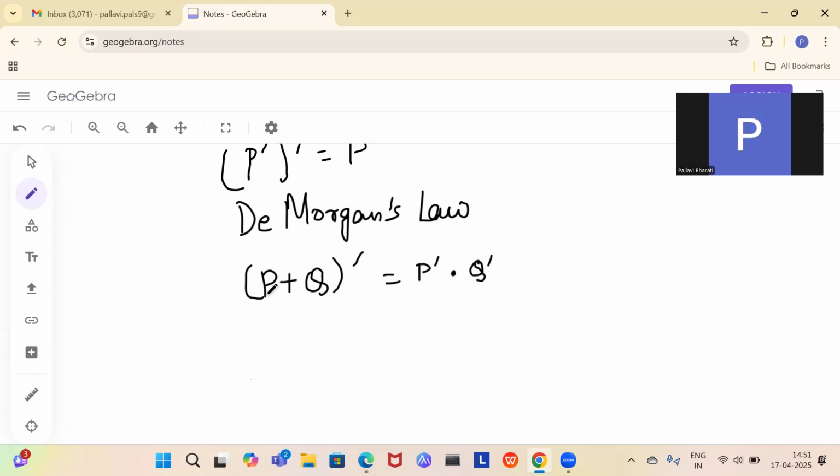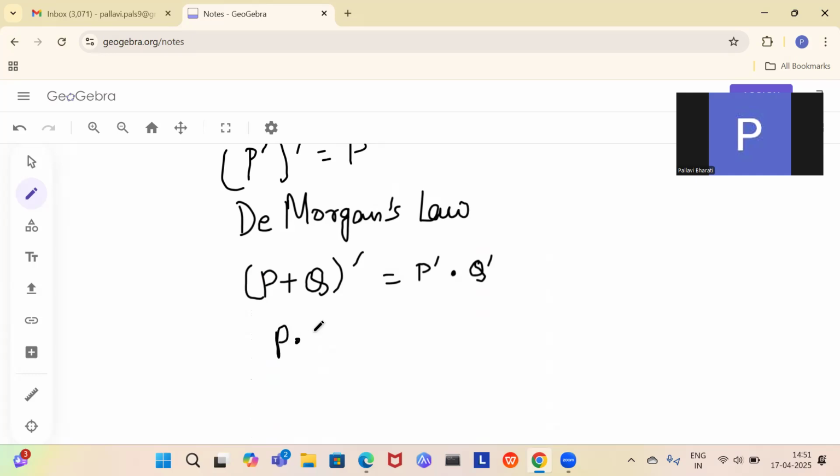So see, if I take this as an outer operator, the inner P is not in complement form, Q is also not in complement form, so we will take its complement form and plus will change to dot. So De Morgan's law states that plus is going to change to dot and the variables are going to complement themselves.